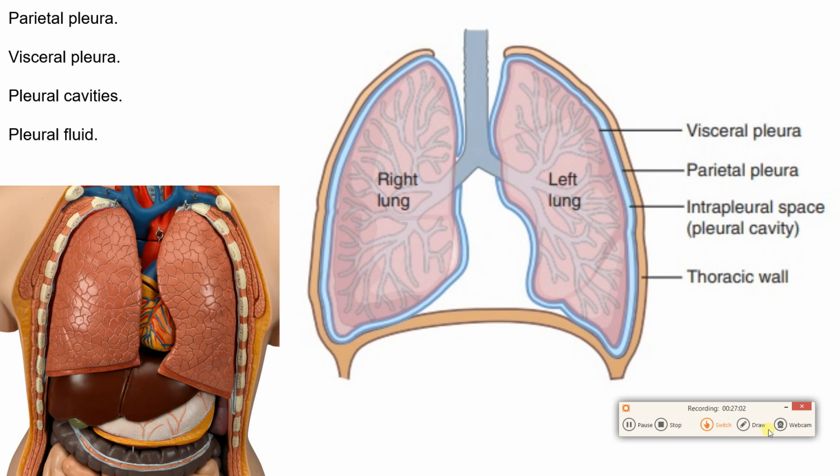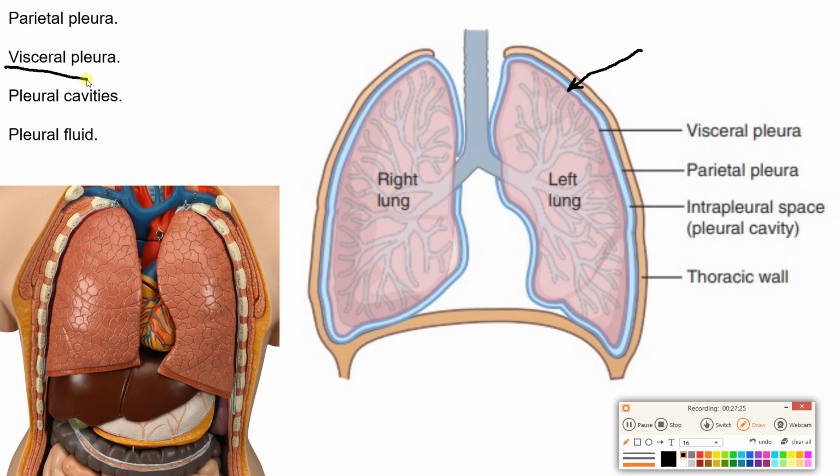Now, on my lung, so on this left lung here, notice we have an inner membrane on the lung. I'm going to put a black arrow on that line right there. That inner lung membrane is going to be the visceral serosa, which in the case of the lung is called the visceral pleura.